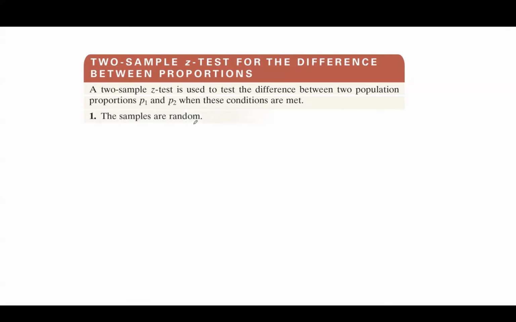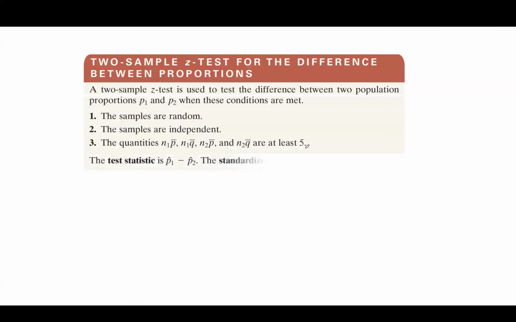First of all, the samples are random, they are independent from each other. The quantities n1 p-bar, n2 p-bar, n1 q-bar, and n2 q-bar are at least 5. P bar is basically the pooled estimate or weighted estimate. We're going to talk about this later.